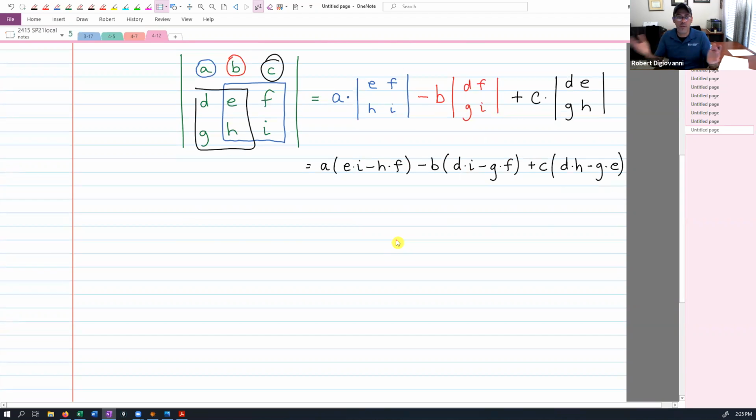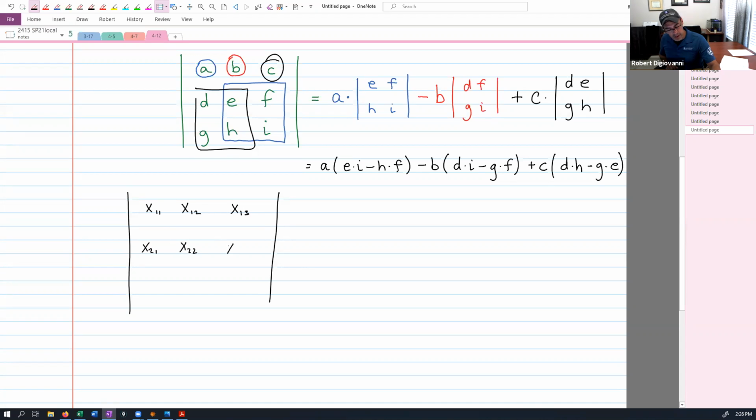So what if we had a 4x4? Now I'm starting to get crazy here. To make things a little easier, I'm just going to call this X11, X12, X13, X21, X22... oh wait, sorry, I'm doing a 4x4.